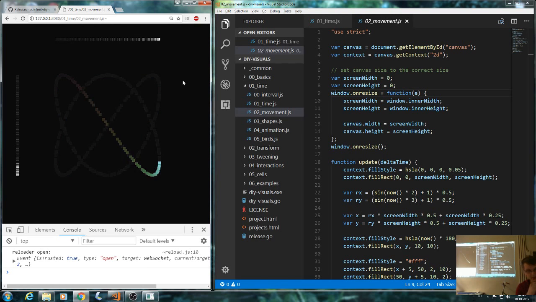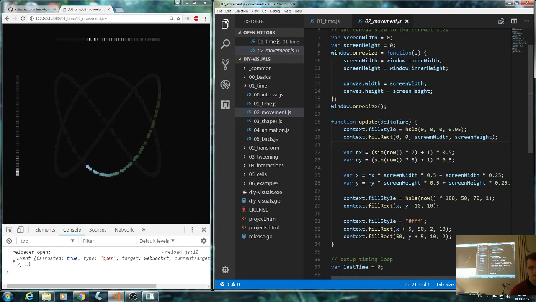So here the principle is that we use this sinus function based on our current time to pick the x position on the screen, and then we use some other formula to pick the y position on the screen.